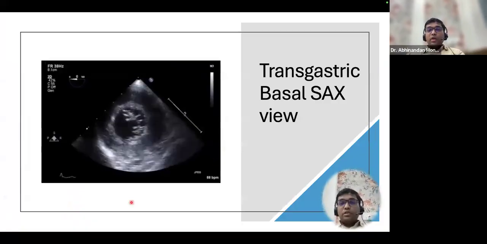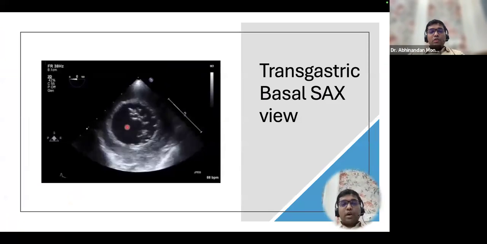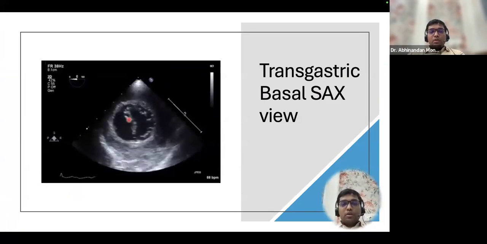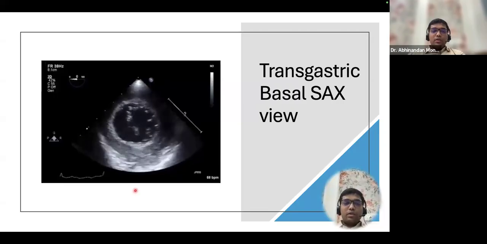What is this view? This is a transgastric basal short axis view. This is the view where you will be able to see your mitral valve, and this is the best view for your mitral valve planimetry.